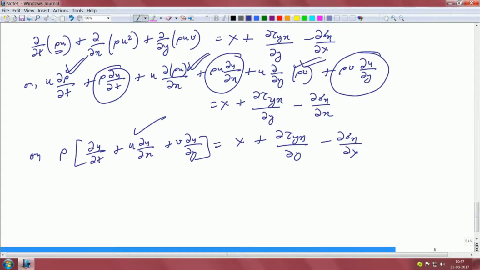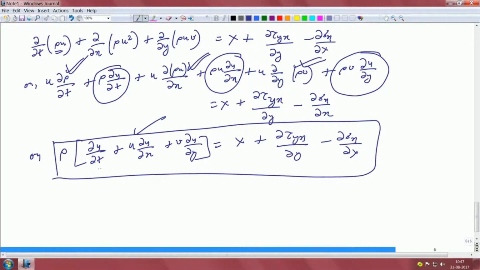Okay. So, this is the full expression that you will get. This is what we call the convective acceleration term, this entire thing. This is the body force term, right. This is basically the surface force terms, and these two are both surface forces in a way. Okay.